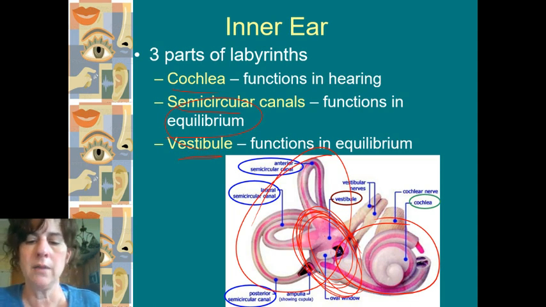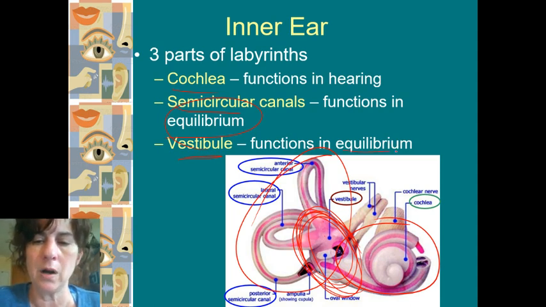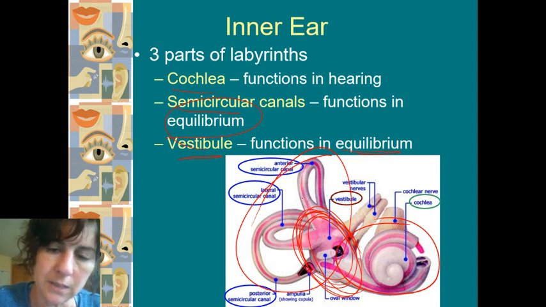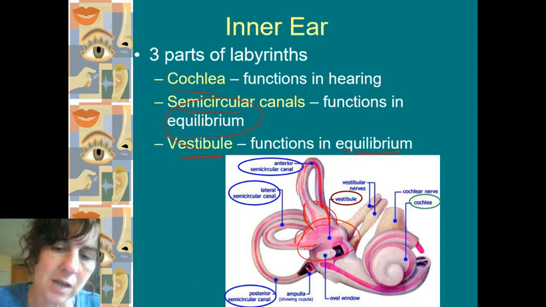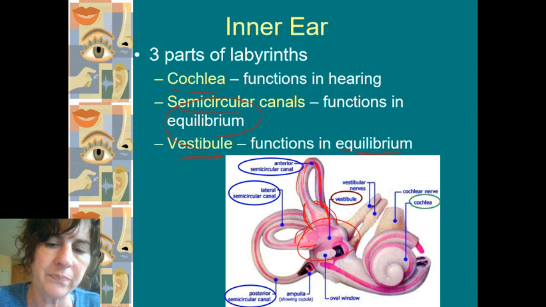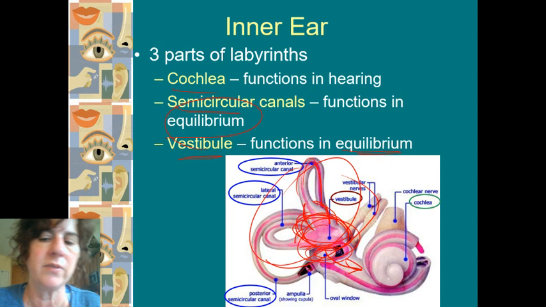And the vestibule is also functioning as part of that. You can see this swollen, rounded section of the semicircular canals that attach to it. So this is all part of that major section called the vestibule, and you can see this portion here. There's the oval window. That's going to take sound waves and go this way, versus the rest of this is all part of that equilibrium.